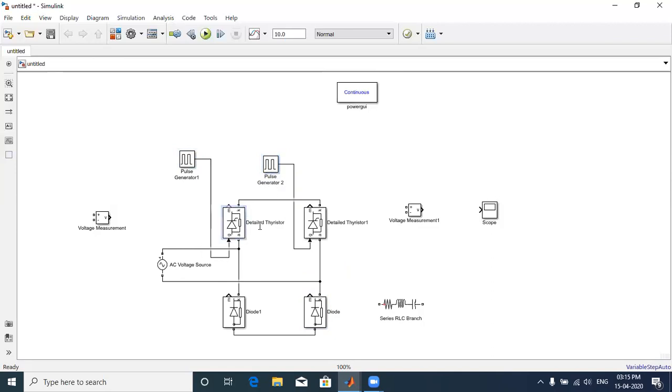This is our S1, S2, D1, and this will be our D2. So let us connect this load.